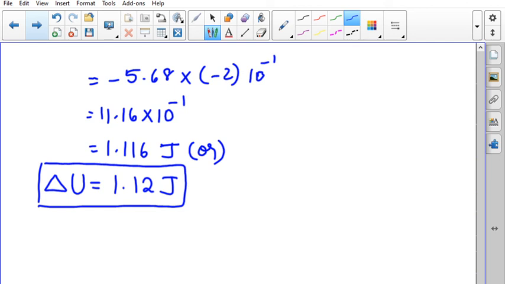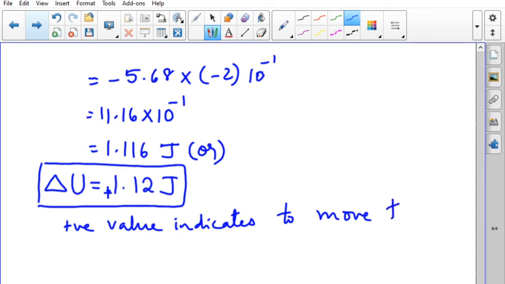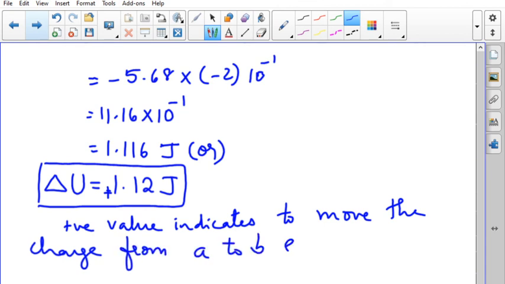So the system spends its stored energy to move the charge from point A to point B. This positive value indicates that to move the charge from A to B, external work is required.